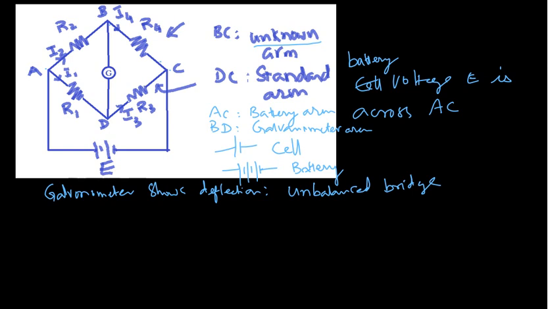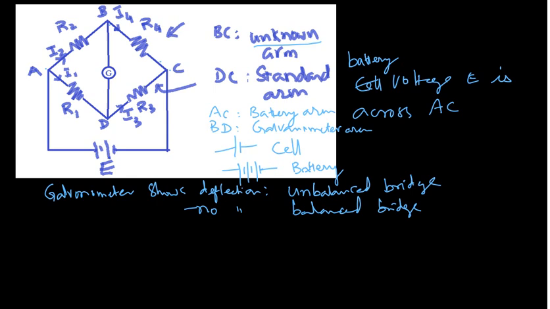So when you have a deflection shown, that is called an unbalanced bridge. In other words, if there is no deflection, then we call it a balanced bridge. So the bridge is balanced when the galvanometer reads 0.